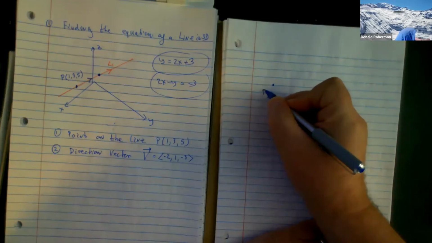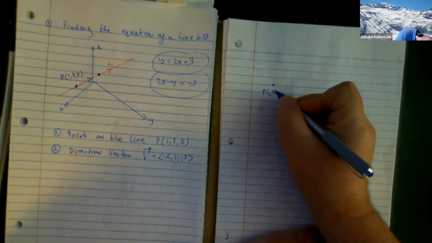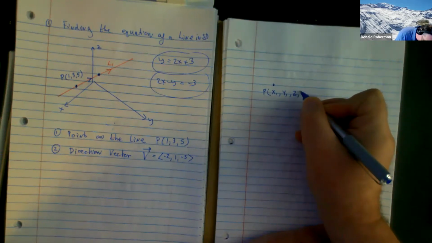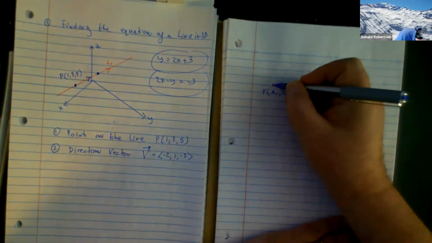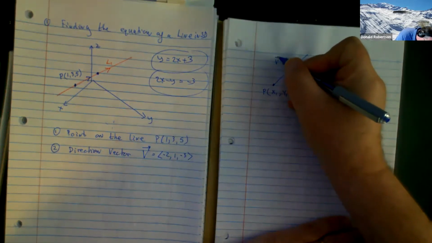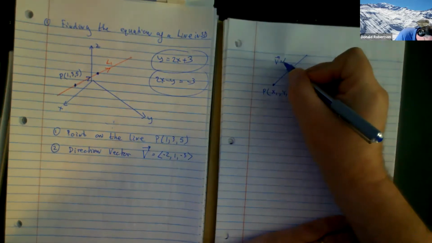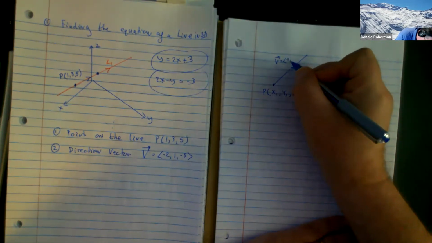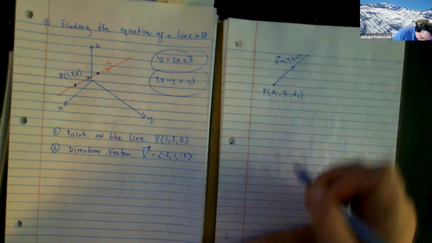You're told any point on the line, so let's call it x1, y1, z1. And you're given a direction to travel, the direction vector v, which I'm going to call a, b, c.